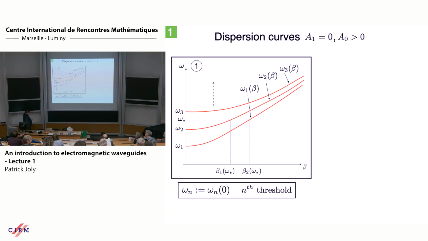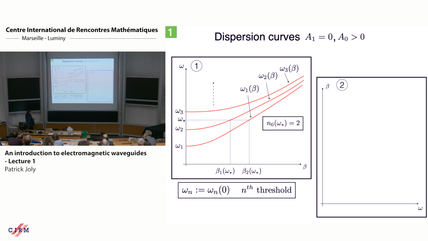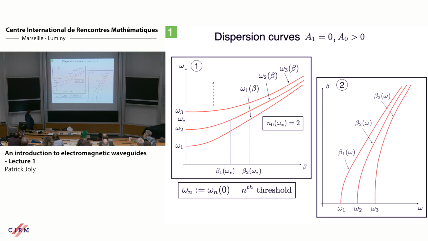So you can go next to the second point of view. In that case, it also means that the number of propagative modes is 2. Okay. And in the second point of view, beta is a function of omega, so you can invert these curves to obtain this. So you recover beta 1 and beta 2 by this.